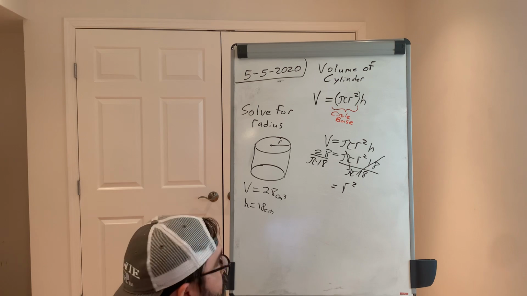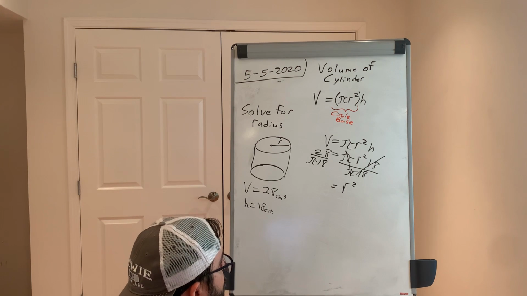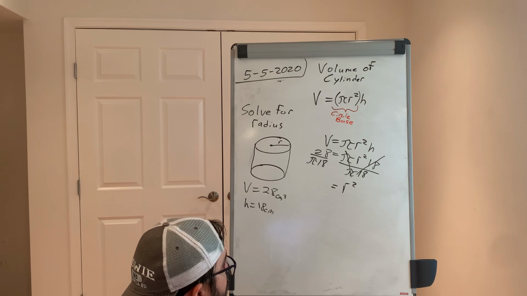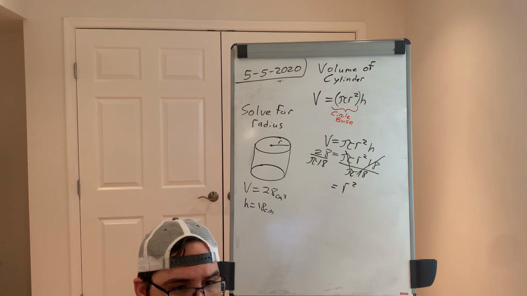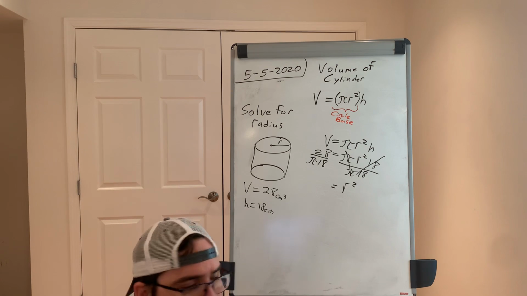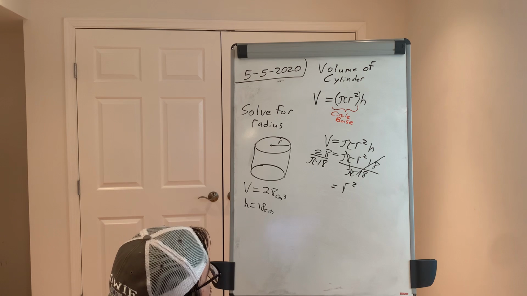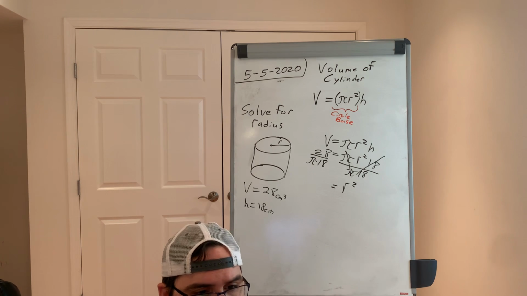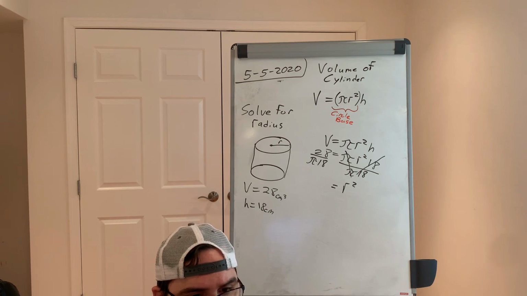So this is going to be a pain. All right, let's do this. Let's do 28 divided by, I think I can use parentheses here, 18 times pi.